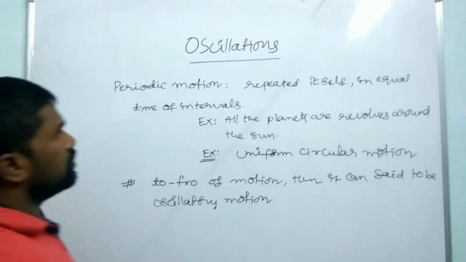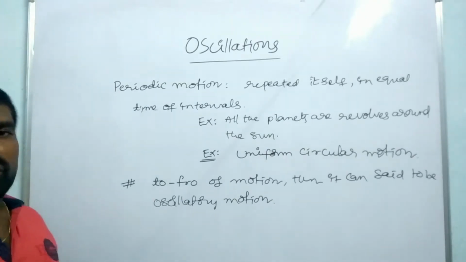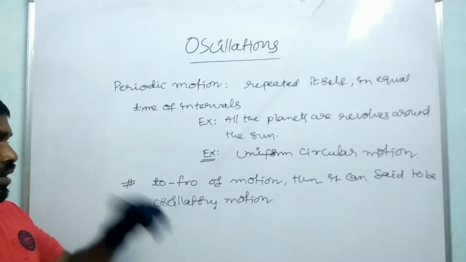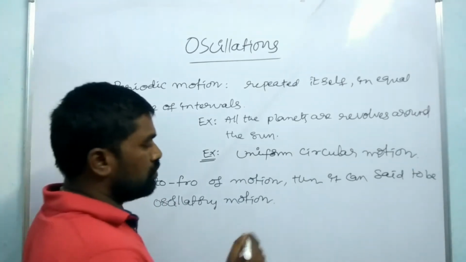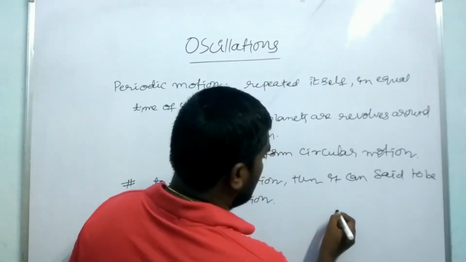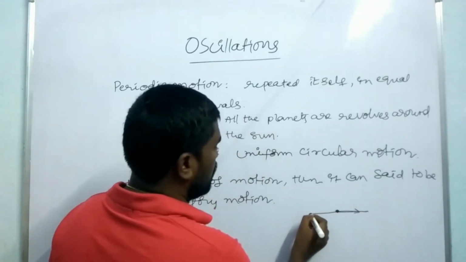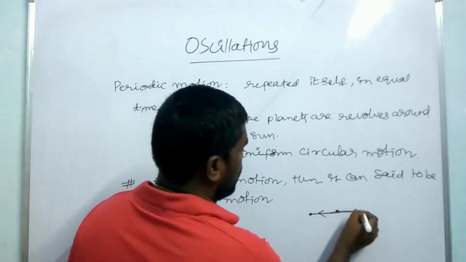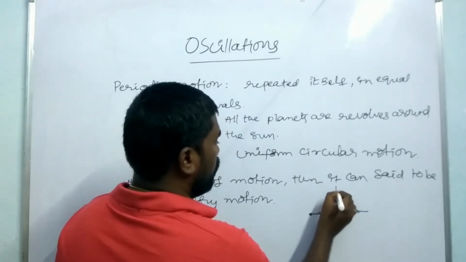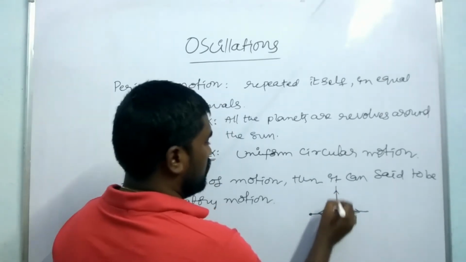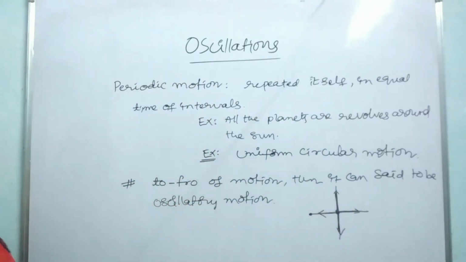So in an oscillatory motion, a body repeats its motion in equal intervals of time and also maintains the to and fro motion. To and fro motion means if there is a particle here, it moves to this side and comes back and reaches its point. Or the particle can move in the upward direction and the downward direction. These types of to and fro motions are called oscillations.